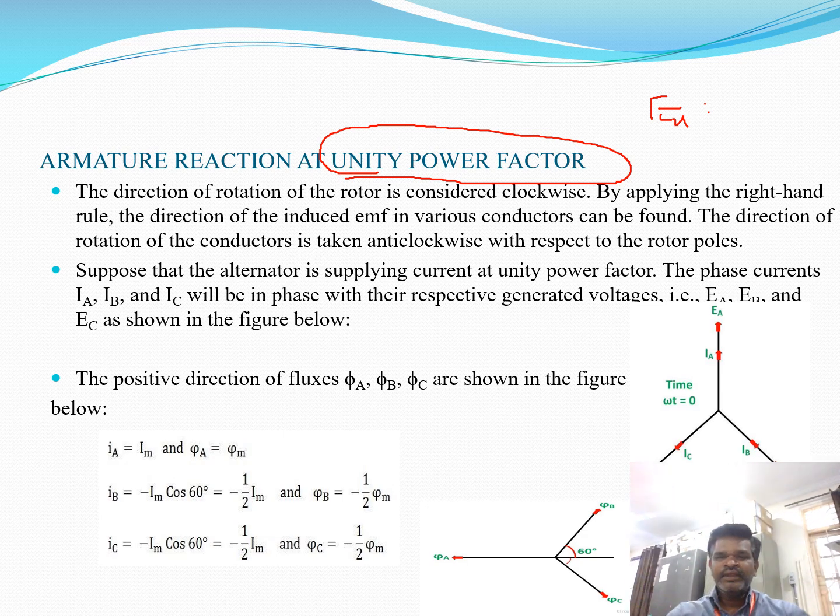So we know for a pure resistive load, the current is always in phase with the voltage, and whatever the power factor may be, the flux is always in phase with the current. The positive direction of fluxes I consider here are phi A, phi B and phi C, and each is displaced by 120 degrees.